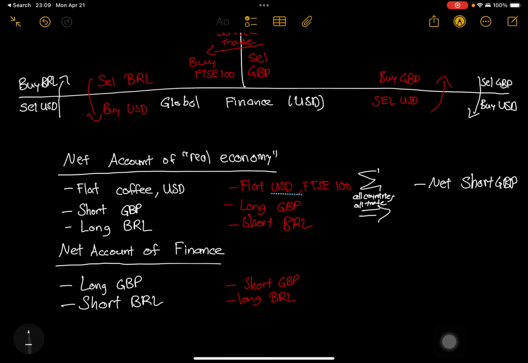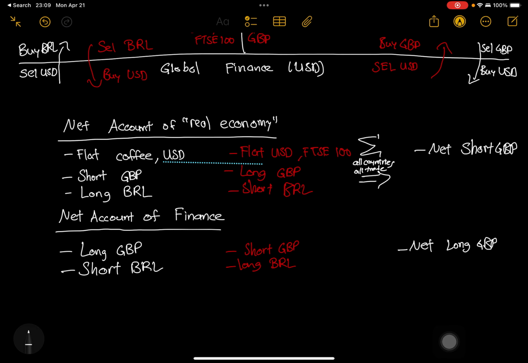And of course, on the other side, on the financial side, it's net long Great British Pound. Of course, there's the other side of this, of the Britain's trade with the world, right? There's a net Brazilian real position. There's a net euro position. There's a net yen position, and so on and so forth.